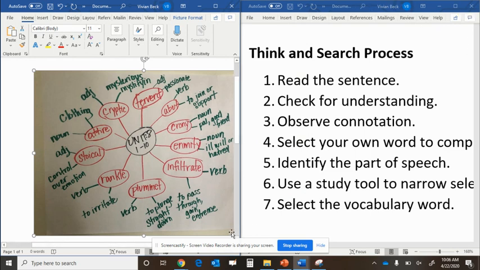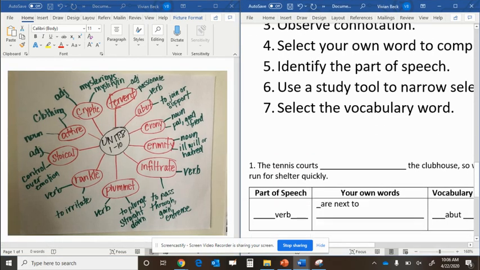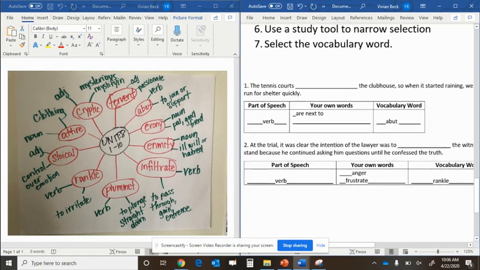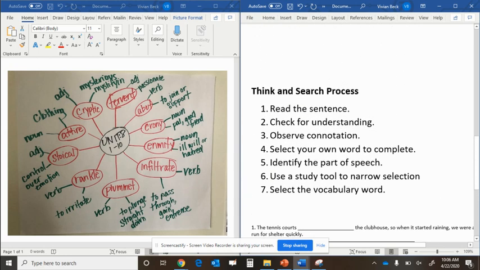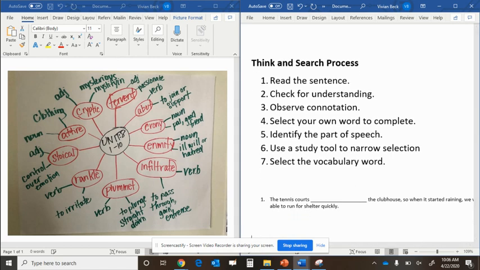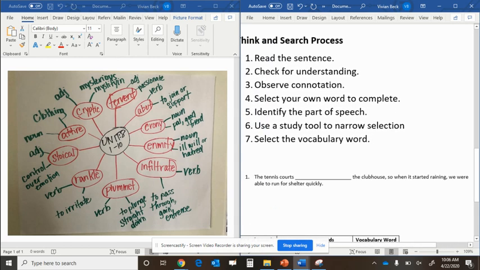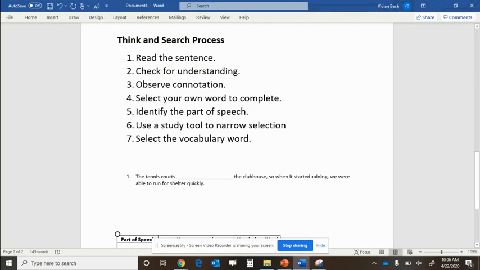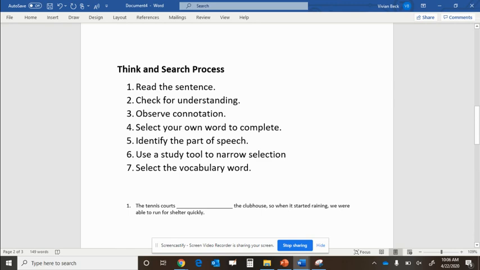And you might have your mind map right in front of you, so you don't need to split the screen. But I'm going to give you a moment. I'm going to ask you to stop the video and answer this question. Complete this sentence at the bottom of the screen using your think and search process. Okay, pause the video now.